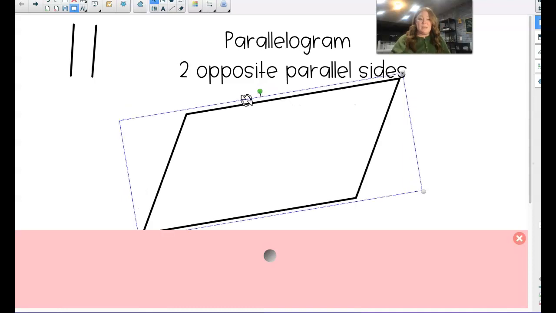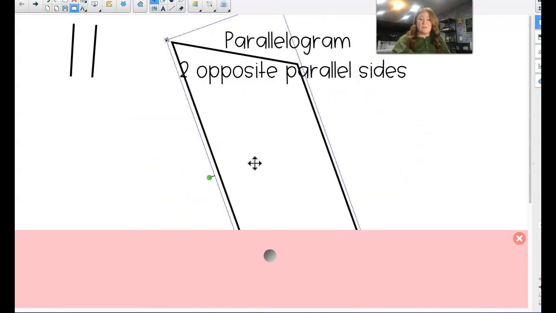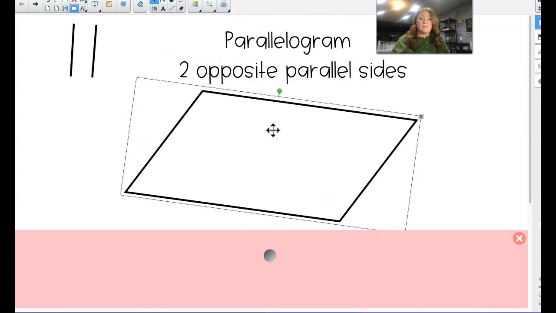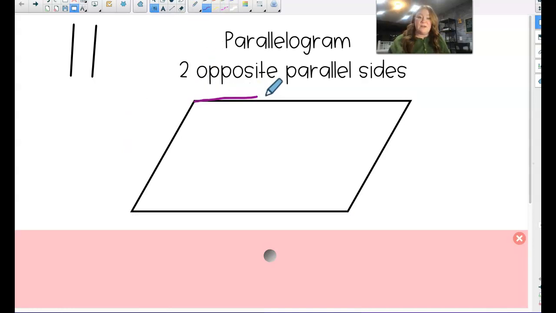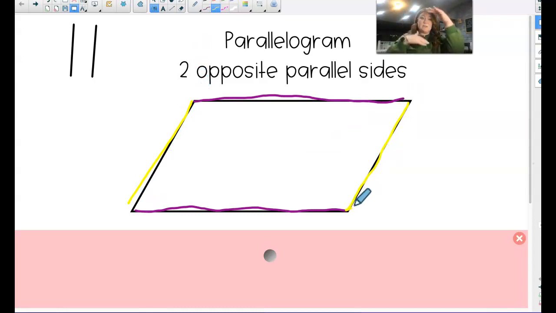It can be flipped, it can go whatever way, but you can see here that we've got this top and the bottom that will never intersect, and then it has also got these diagonal sides that will never intersect. So two sets of parallel sides.